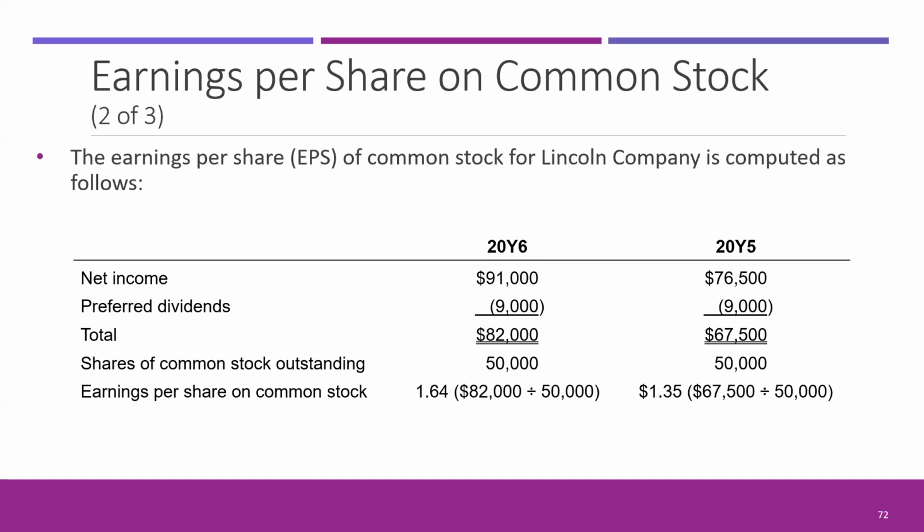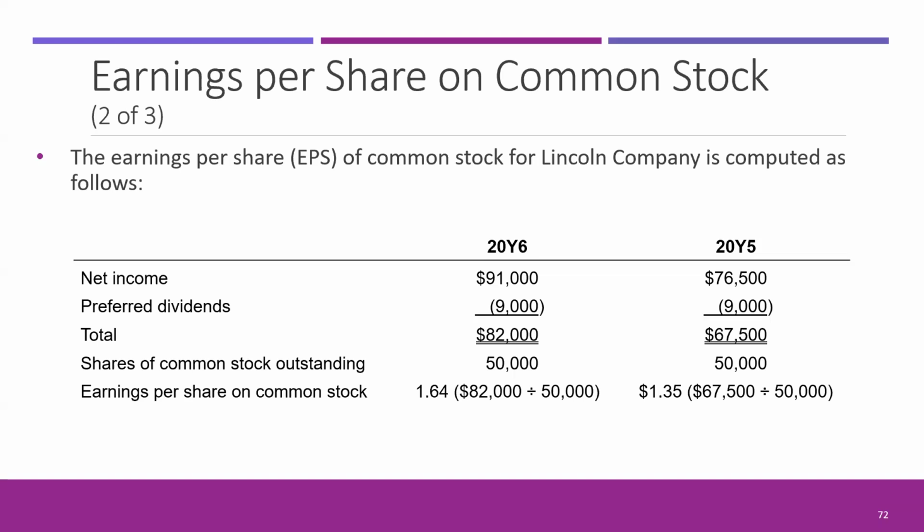So net income minus preferred dividends divided by shares of common stock outstanding, and we get earnings per share on common stock. And we do take an average. Earnings per share is taken on average shares during the period. As a simple metric, it can be as simple as this.